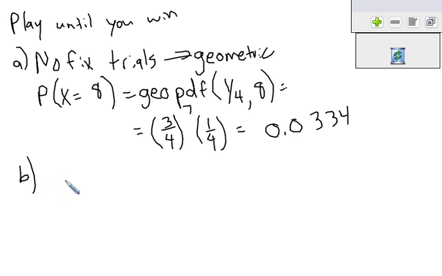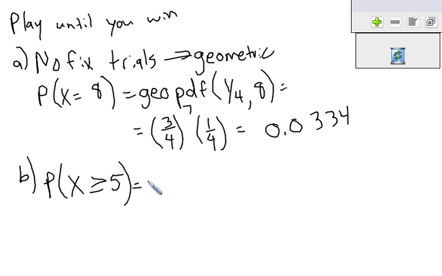All right, anyways. So part B. Find the probability that x is greater than or equal to 5 and interpret this value in context. So basically, what would it be if it took him 5 or more chances to win?